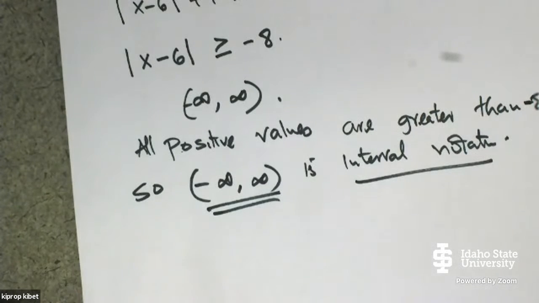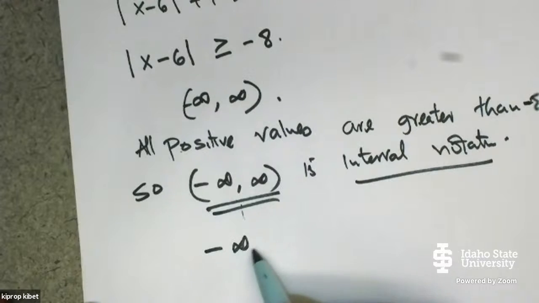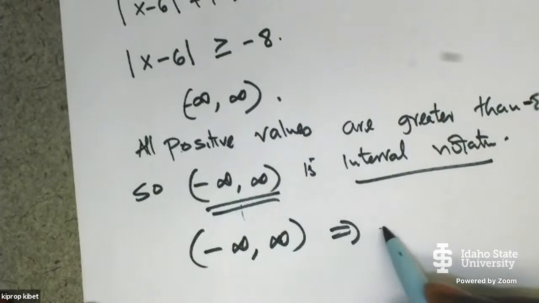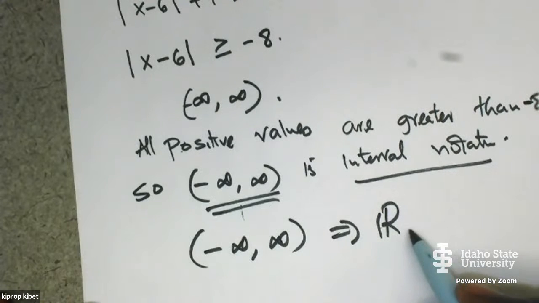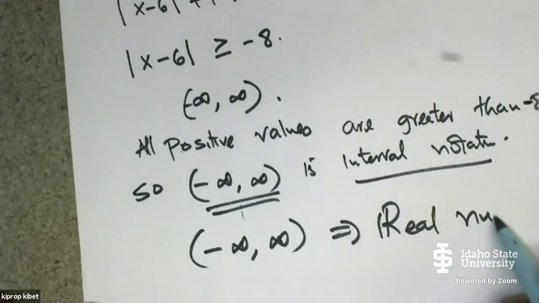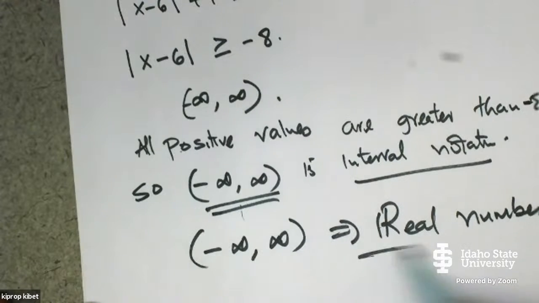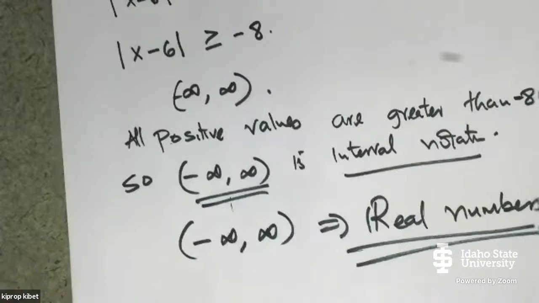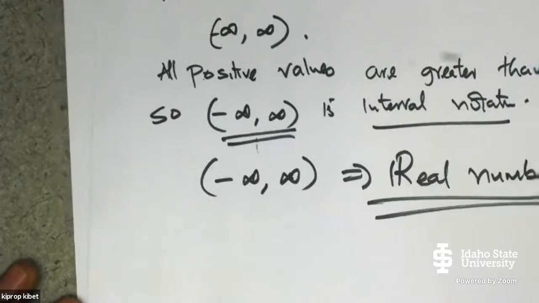Actually, this minus infinity to infinity is the real numbers. So real numbers are numbers positive or negative. Any question up to there?